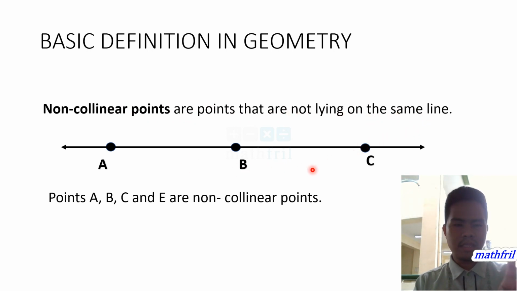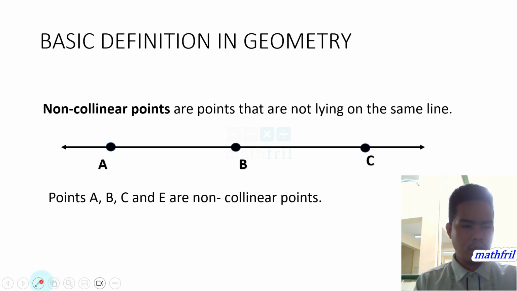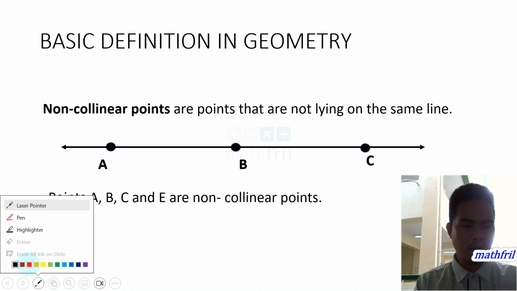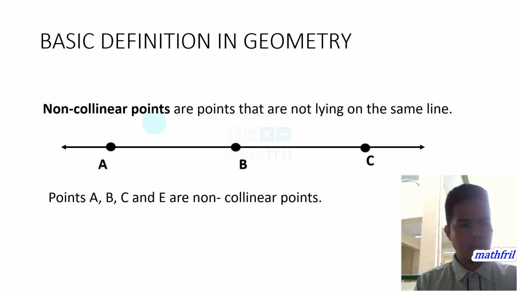So basically, this illustration is a false representation, maybe this is my bad, but this is a wrong representation. If you focus on the word non, this should have another point here. For example, this is D, and this is what we now call non-collinear points.